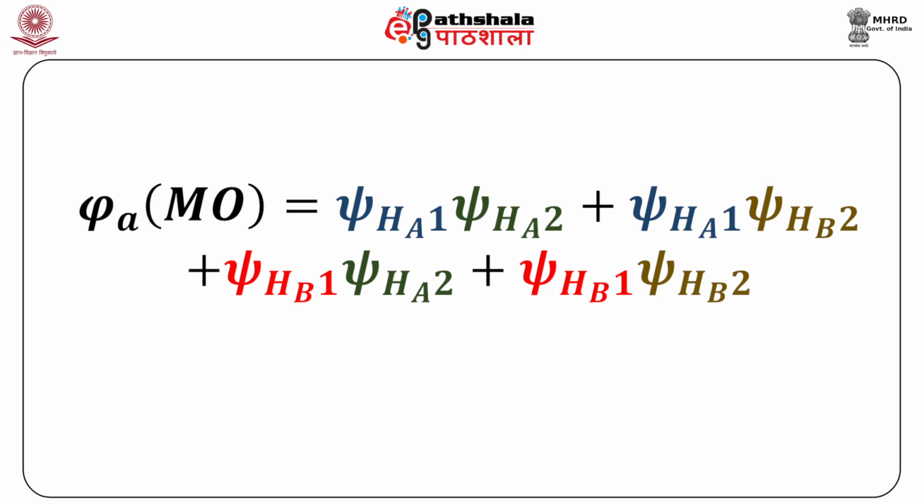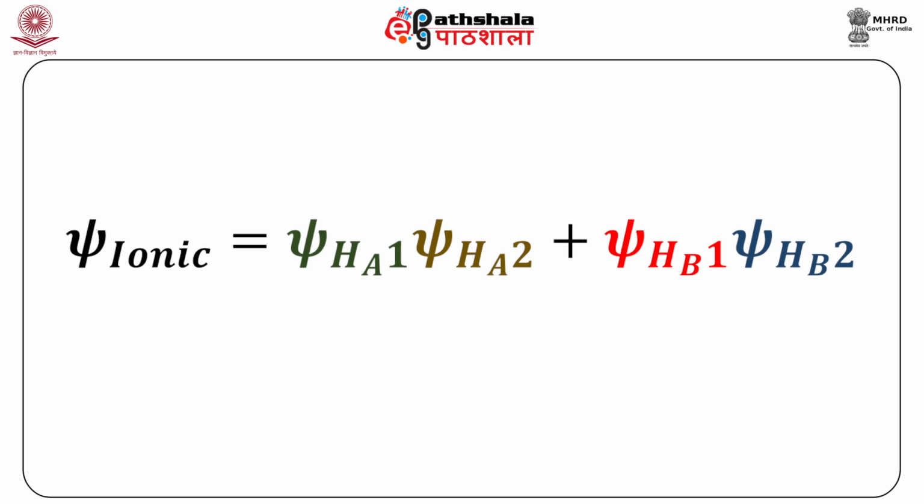If you look at the first term and the last term, psi HA1 psi HA2 and psi HB1 psi HB2, these are called ionic contributions because they represent both electrons of the hydrogen molecule on one atom.